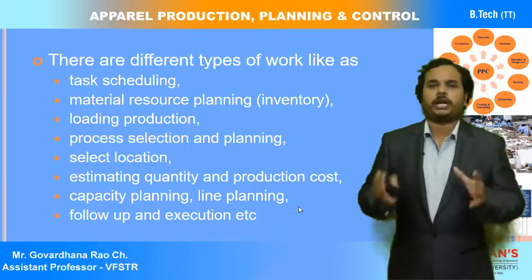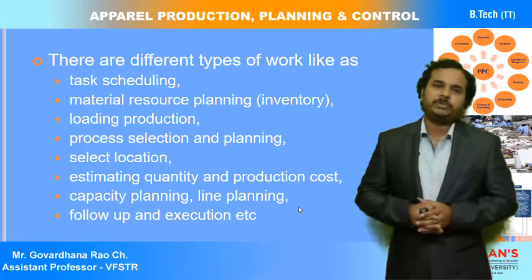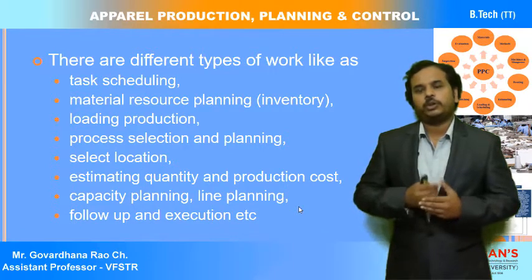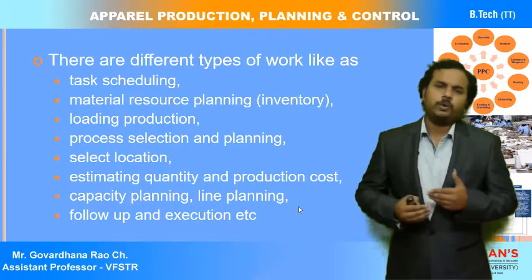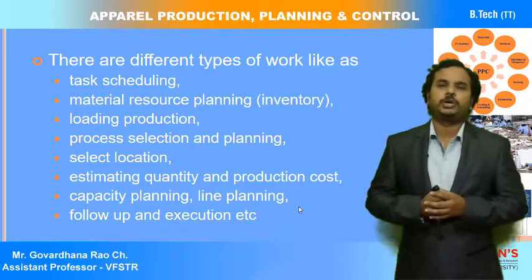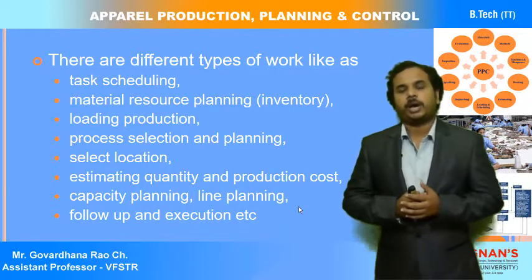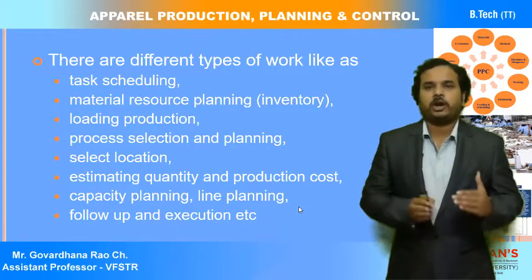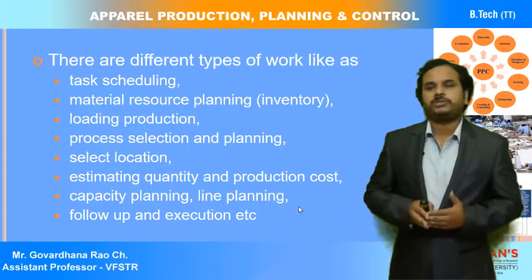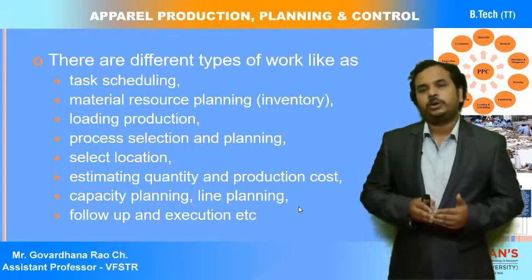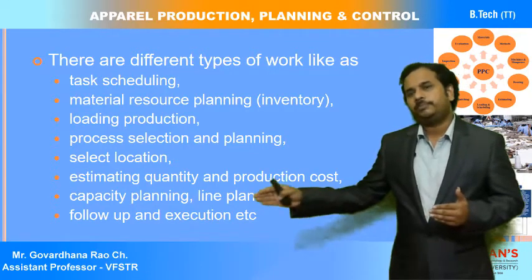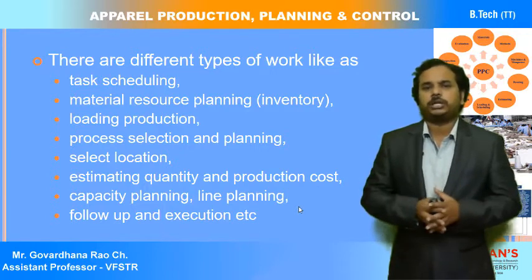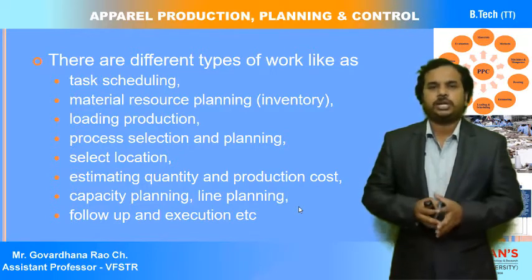Planning is very important, like how and when the material is going to be received by the production department or the industry, so that from there they can plan the specific quality for producing the garments. Scheduling, planning, production, everything is very crucial.